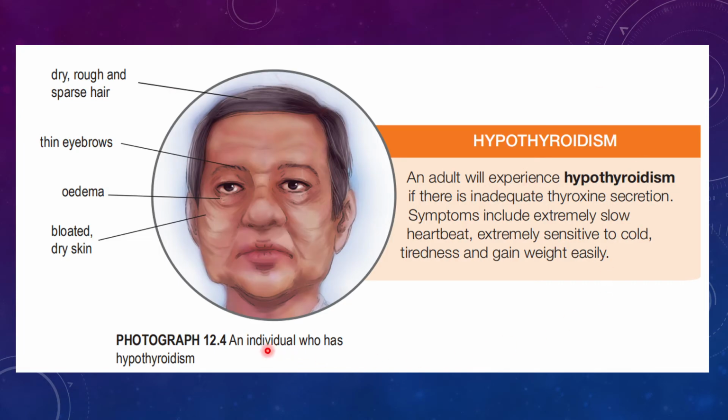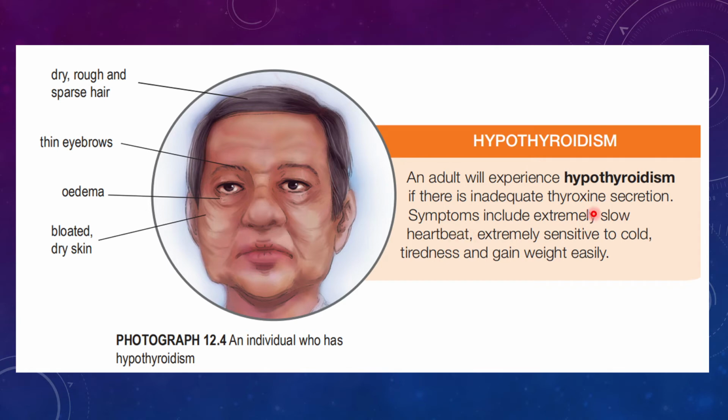Now, this is another condition, known as hypothyroidism. Hypothyroidism. So that means not enough thyroxine hormone secretion. So the symptoms include an extremely slow heartbeat.